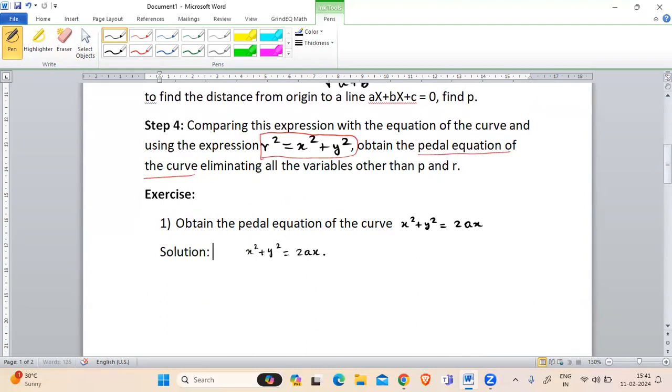The first step will be to find out dy/dx. We differentiate this equation with respect to x, which gives 2x + 2y (dy/dx), which is y', equal to 2a.